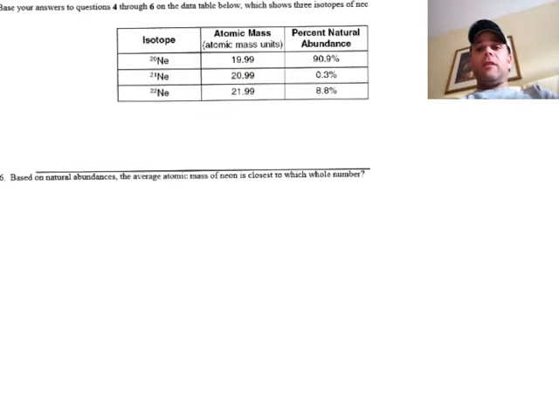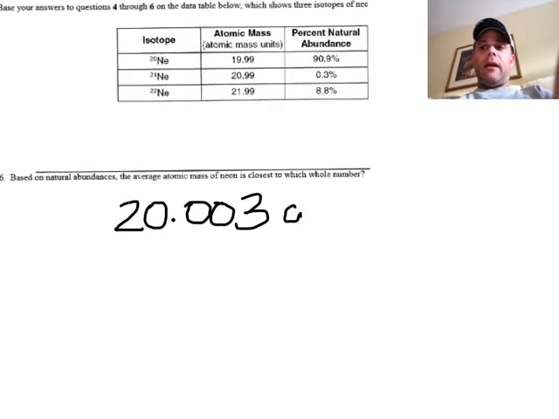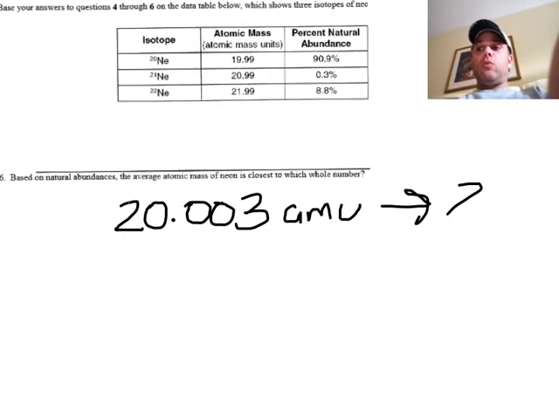Number 6 is using the same information based on natural abundances. The average atomic mass of neon is closest to which number? Well, there are two ways to do this. You could consider what we just went through, and we had our final answer to be 20.003 AMU, which would definitely suggest that the closest whole number would be 20.